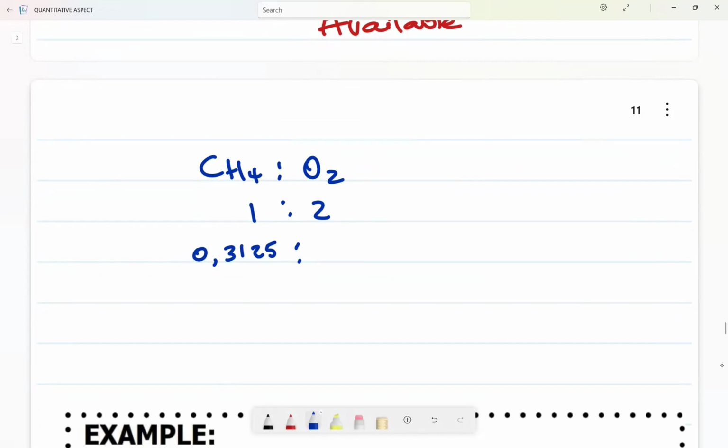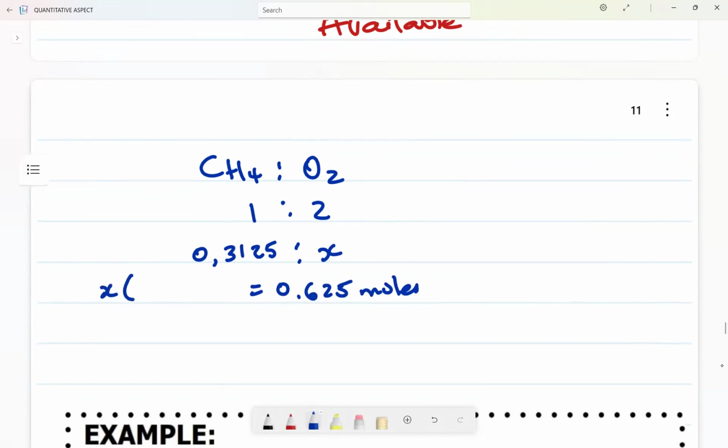Let's put X here, and then cross multiply. This multiplied by that is going to be X. It is equal to this multiplied by that, which is 0.625 moles.